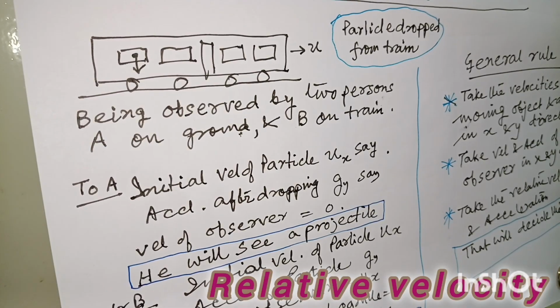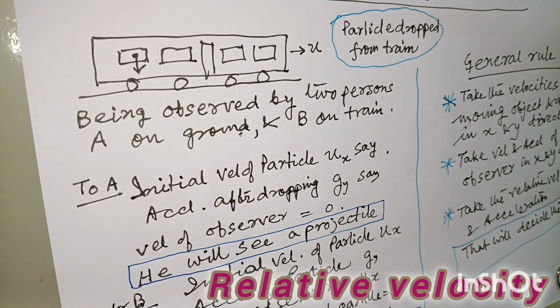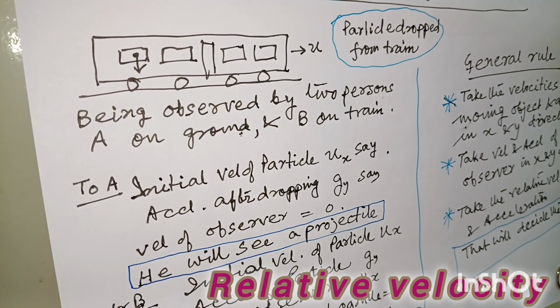So it is, let us say, in the x direction, we call it ux. And it has also gravitation downwards. After dropping, it will be affected by gravitation. That means downwards. We call it gy. So it has one velocity horizontally and one downward acceleration.